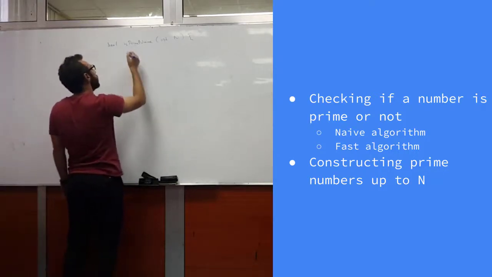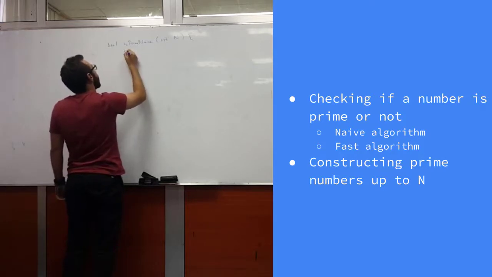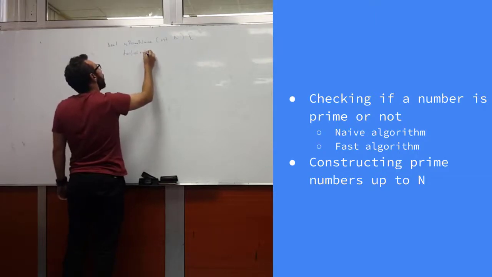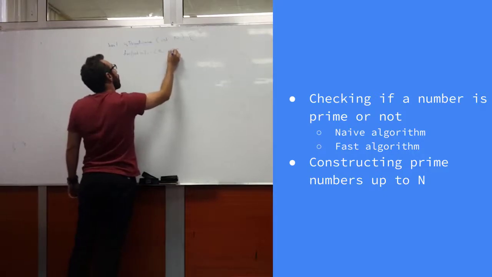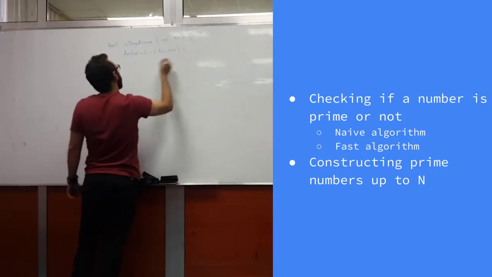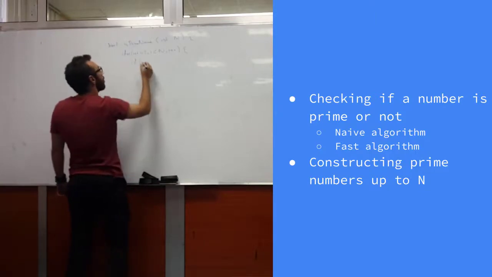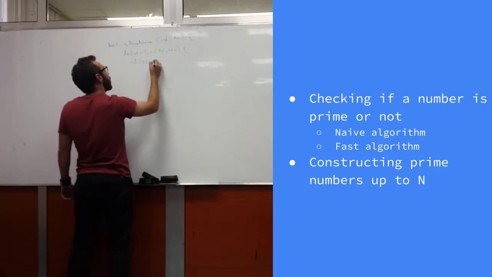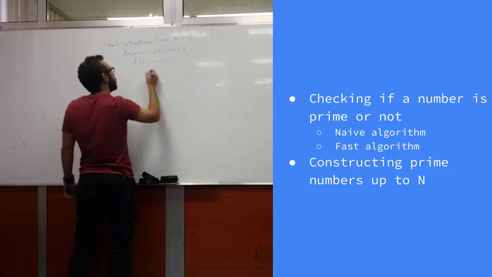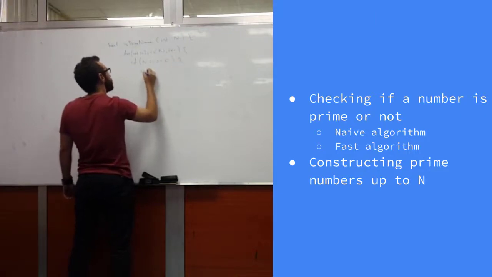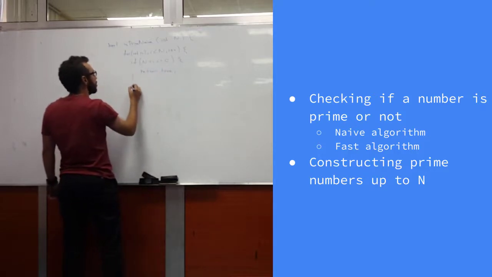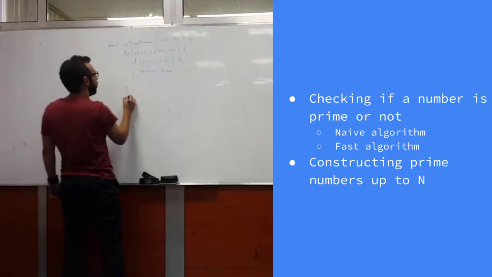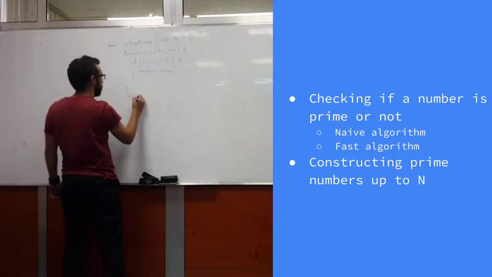And as Caleb suggested, we can basically start from 2 and go up to n and say if n mod i is equal to 0, then return true. Otherwise, return false.